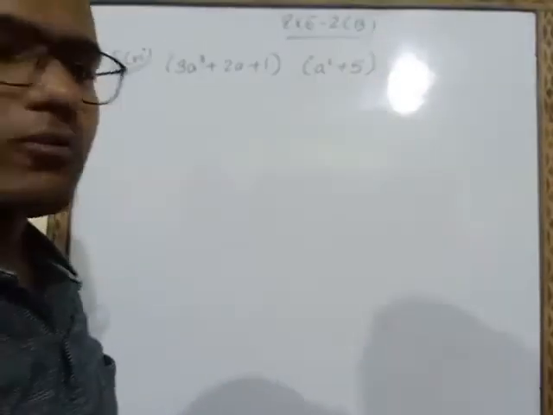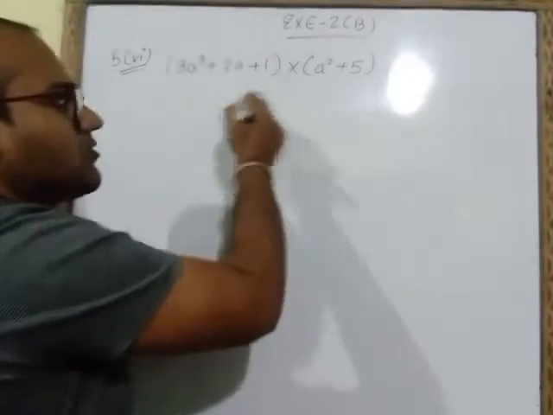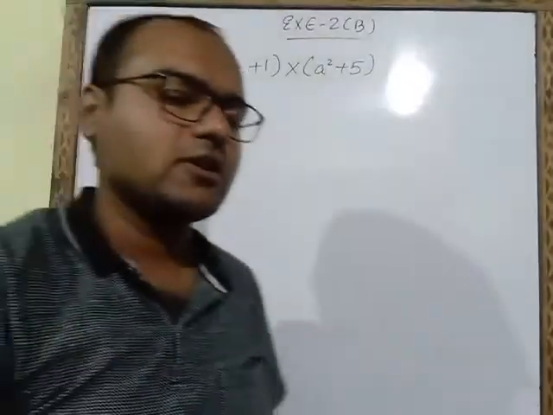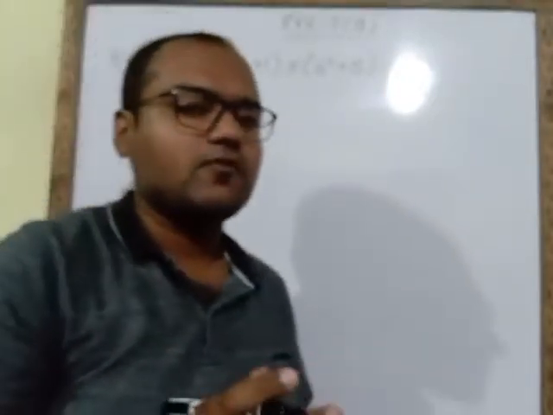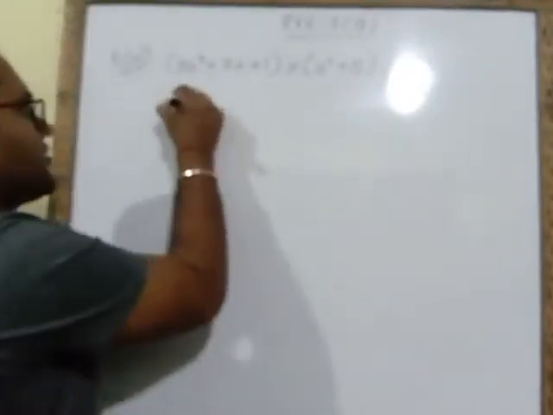The heading is find the product. Product means multiply. So we have to multiply these two algebraic expressions. Now this question I will explain to you with the help of the column method. So in the column method, what do you have to do?